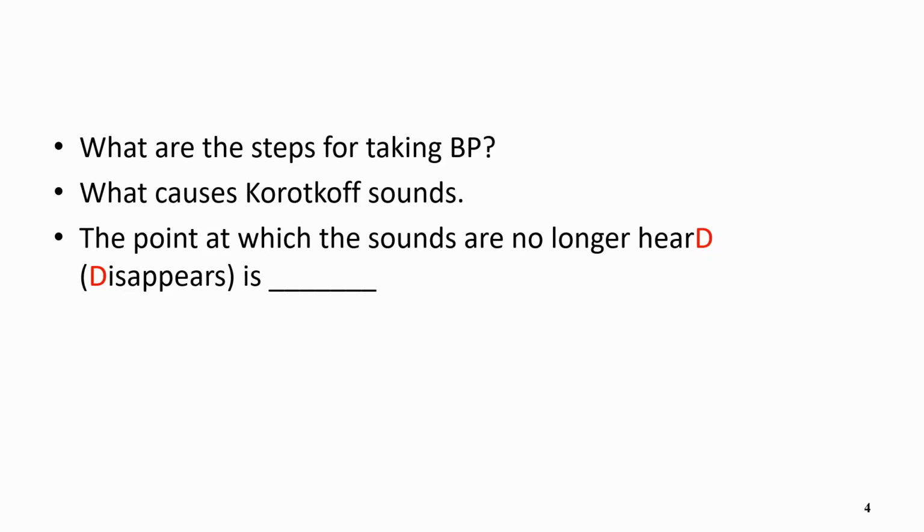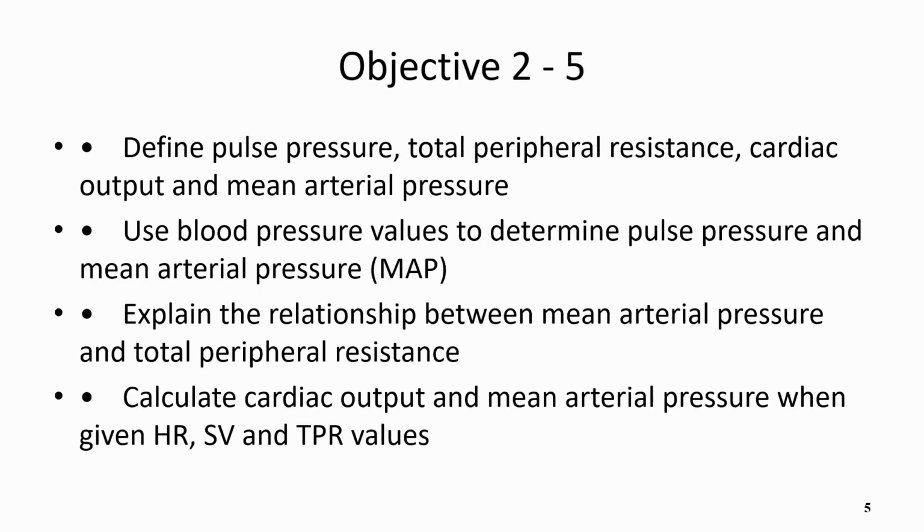It's smooth. But the moment it's occluded and the blood flow is rushing through in a turbulent fashion, that causes the sounds. And when those sounds disappear, you know the diastolic pressure. So again, the point at which the sounds are no longer heard, D in red, is the diastolic pressure.